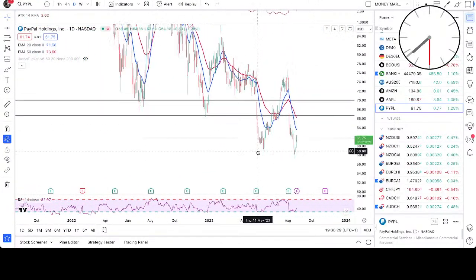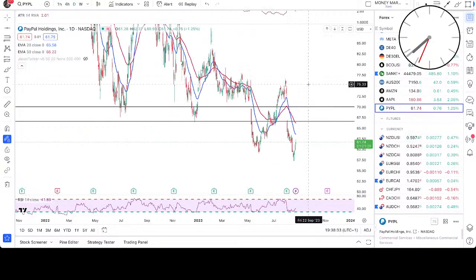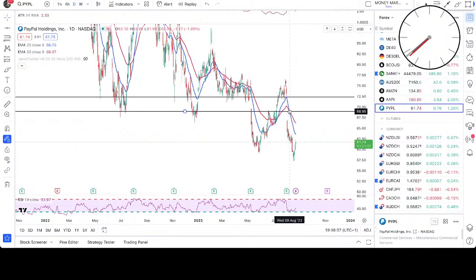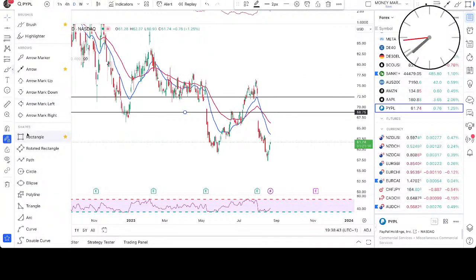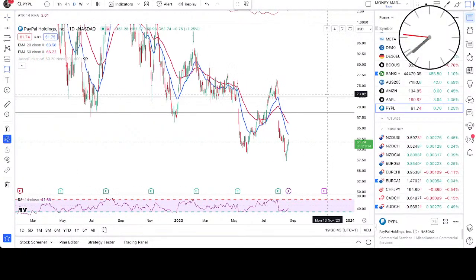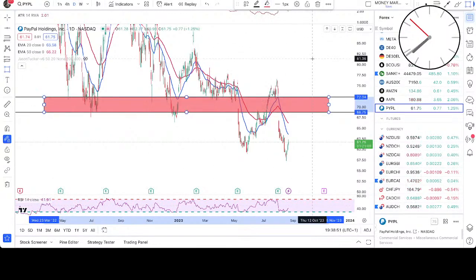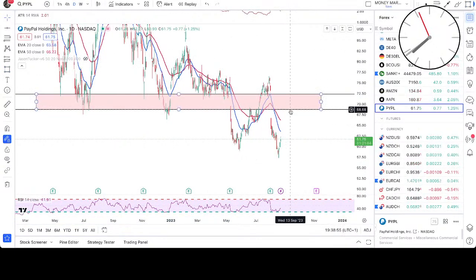Looks like a strong downtrend here. Too dark. Now it's good.